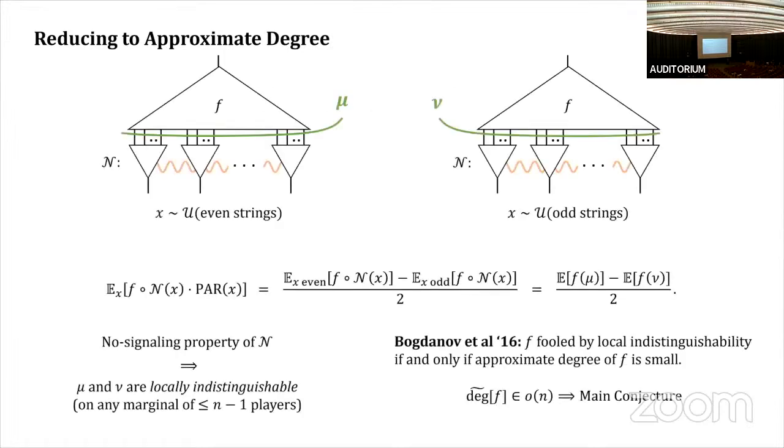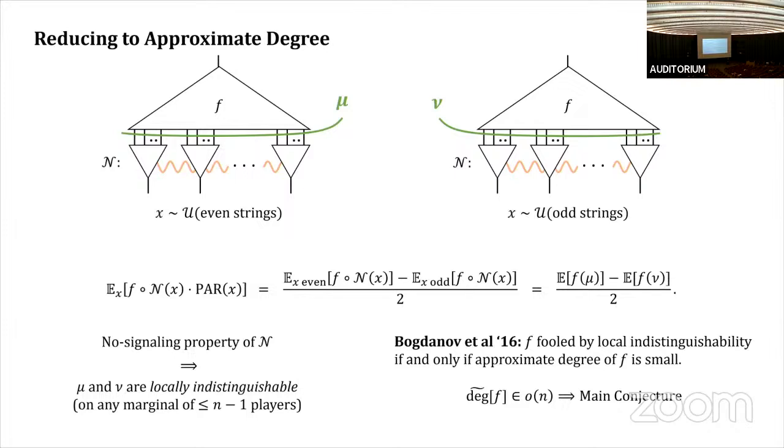I can tell you that you'll see in the lower right-hand side here, there's this implication that this implies the main conjecture. If you replace the right-hand side, it's no longer the main conjecture. It's now for this model where I'm allowing no signaling correlations.